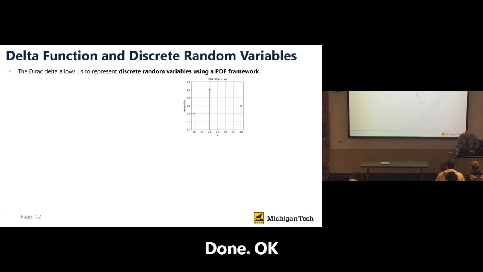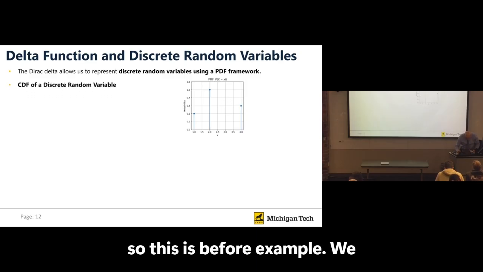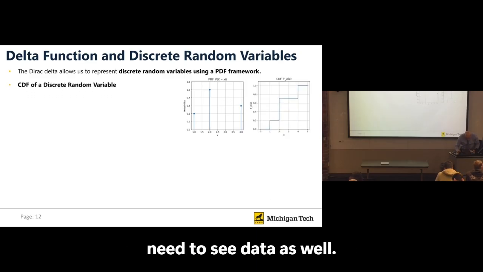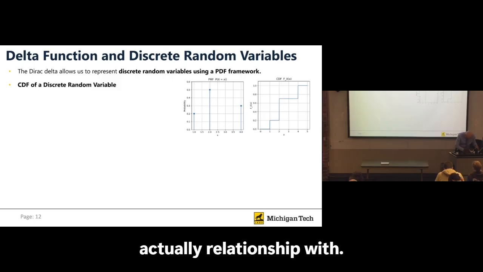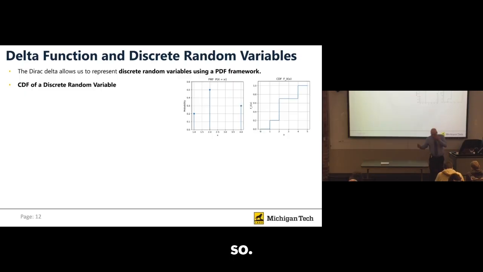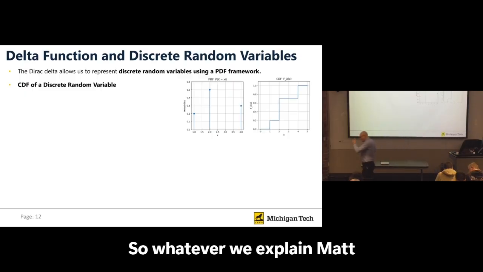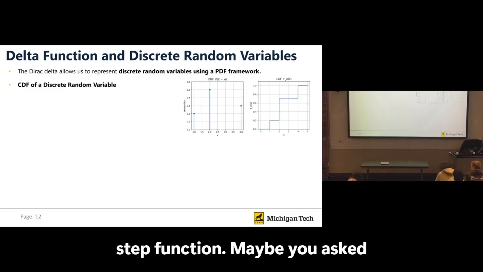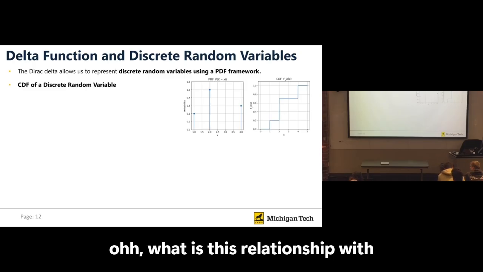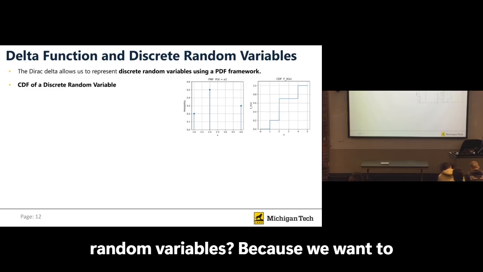Okay, so let's have one example, and we are done. We need to see that as well. We want to see what the relationship actually is with discrete random variables. Whatever math we explained about the Dirac delta and the step function, maybe you ask, what is the relationship with random variables?